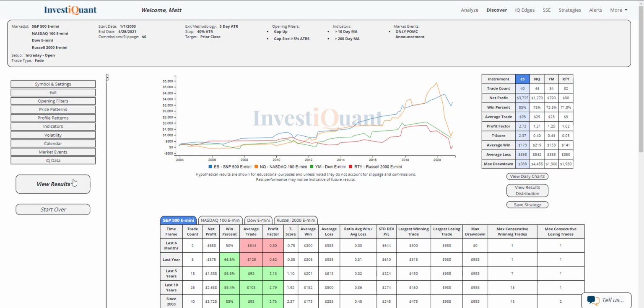So this is just an intraday trade setup. The S&P 85%, NASDAQ 75%, the Dow 74%, and Russell 72%. So all of them pretty favorable win rates. They don't all have the same profitability, but you can see the S&P is fairly profitable on that little trade idea. But that's using a 40% stop.